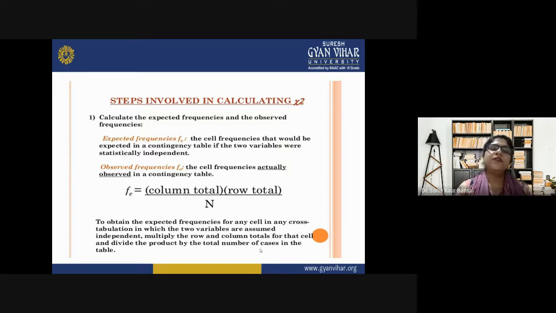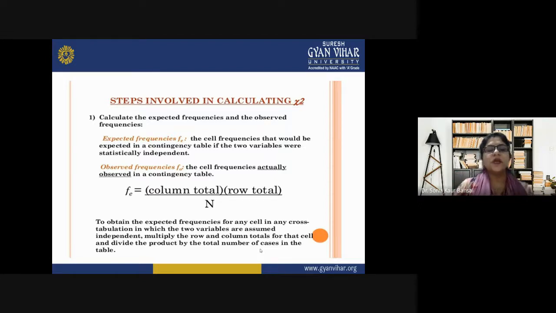And observed frequencies are the cell frequencies actually observed in a contingency table. So we just go through observed and expected frequencies. So Fe, that is the expected frequency, is made by column total times row total upon n. So this is how the expected frequency is counted.